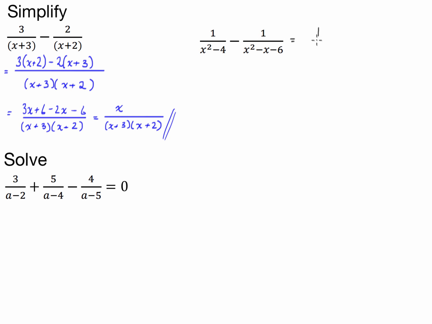So we're still going to have a 1 up the top for the first one. Now hopefully you guys recognize that this here, to factorize it, is a difference of perfect squares. So what that means is this is going to be x plus 2, x minus 2.